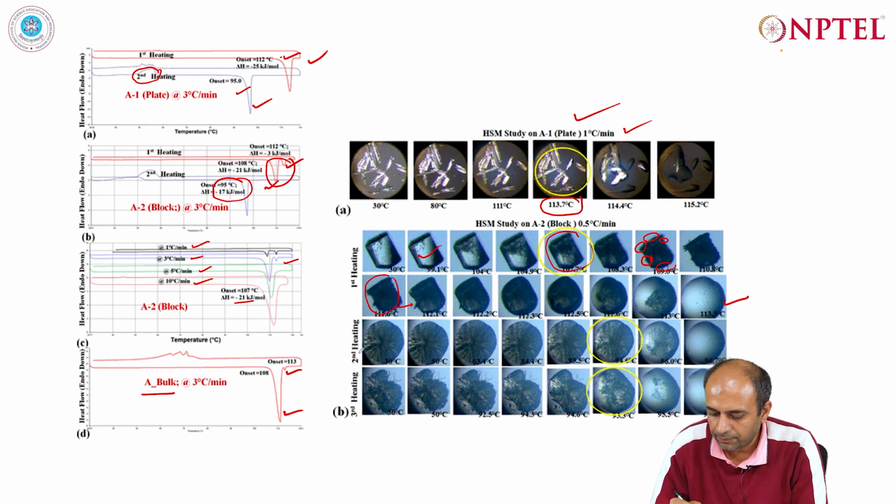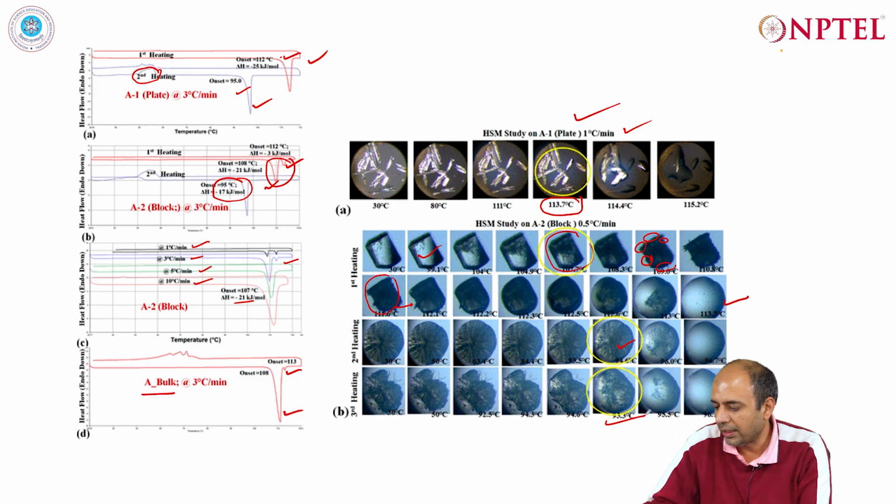Now, when you cool it and then perform the second heating cycle, you see that it has solidified, and this new phase, which is the metastable phase, melts at 95 degrees centigrade. And when you continue this process for the third heating-cooling cycle, again it has melted and converted into this metastable phase, which again melts at 94 degrees centigrade.